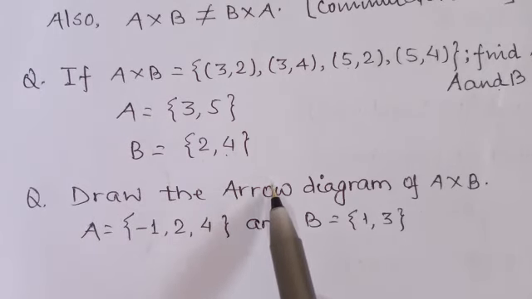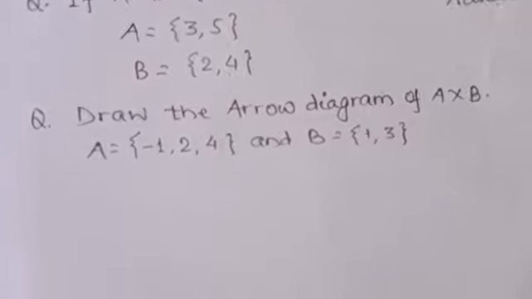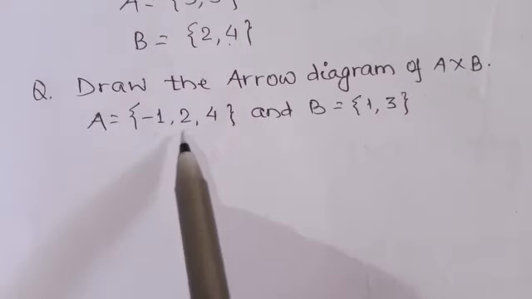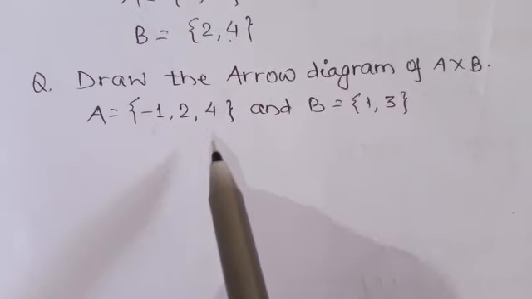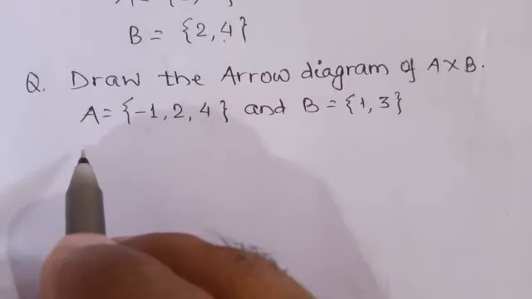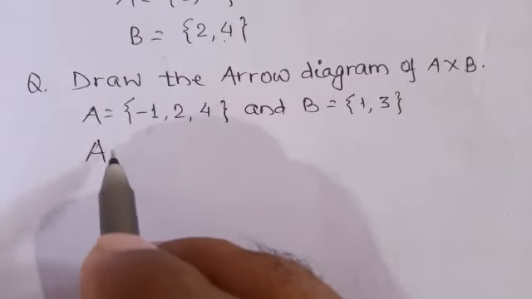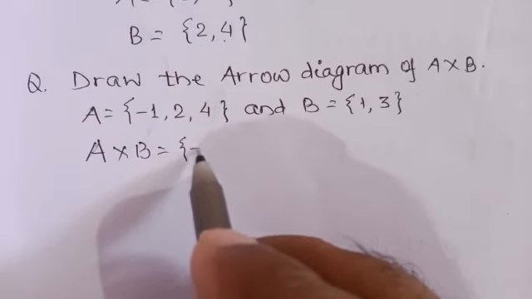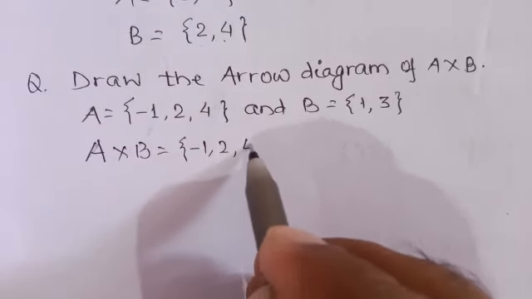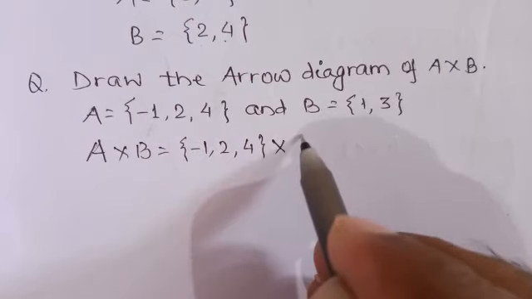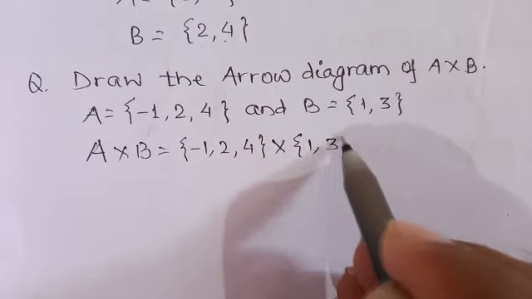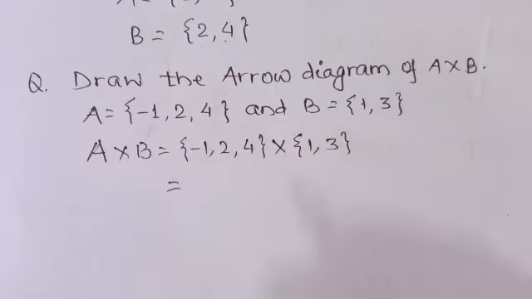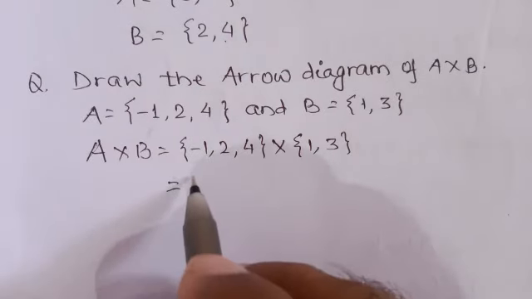Draw the arrow diagram of A cross B, where A is {-1, 2, 4} and B is {1, 3}. First of all, construct A cross B. A cross B means {-1, 2, 4} cross {1, 3}. Take the cross product, or Cartesian product.